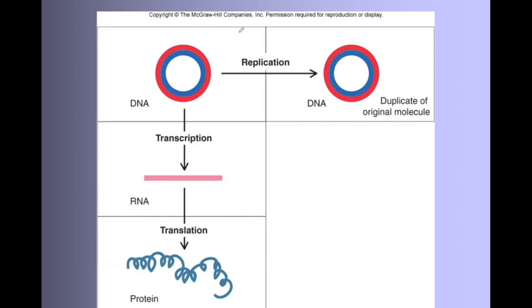So replication occurs once in a cell cycle, right before binary fission, otherwise known as cell replication, right? So the DNA must be replicated in order for that cell to replicate. So we'll start with this process here after we look at DNA structure.